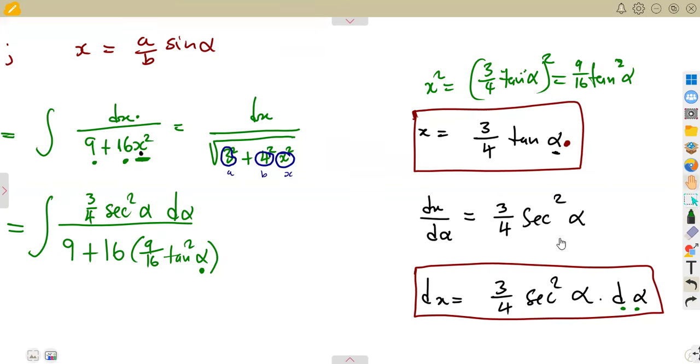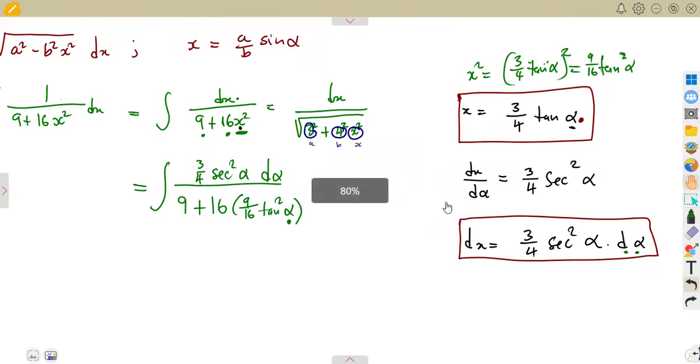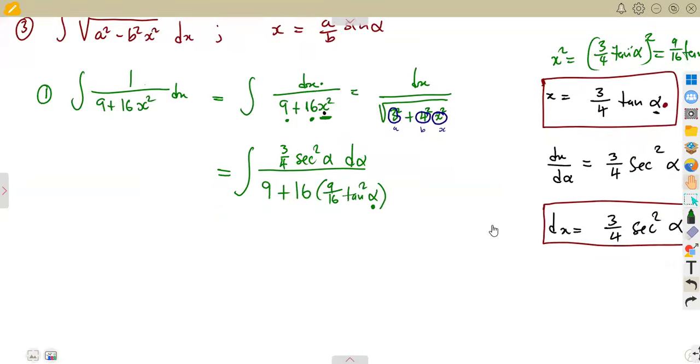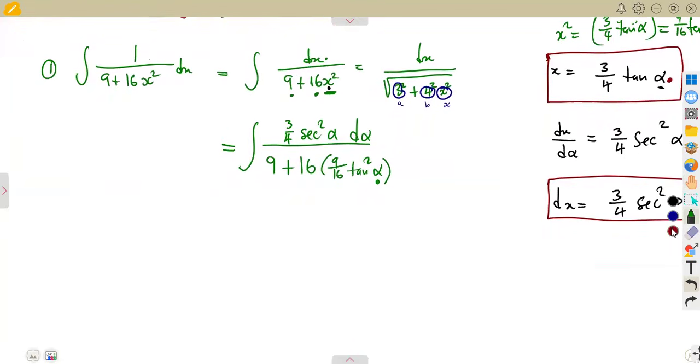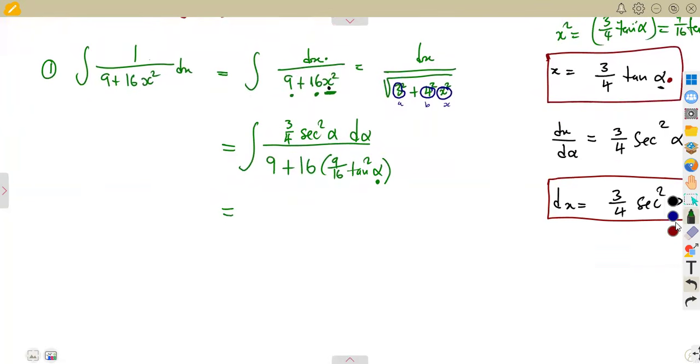But luckily, from these substitutions that we just made, I want you to see something here. If we simplify, what are you going to have? This is 3 over 4 sec squared. 3 over 4 is just a constant and does not affect anything, so you can write it outside of the integral.